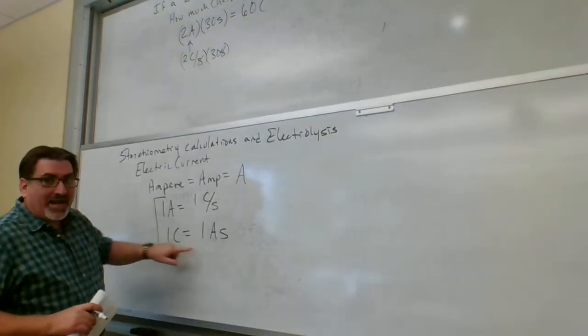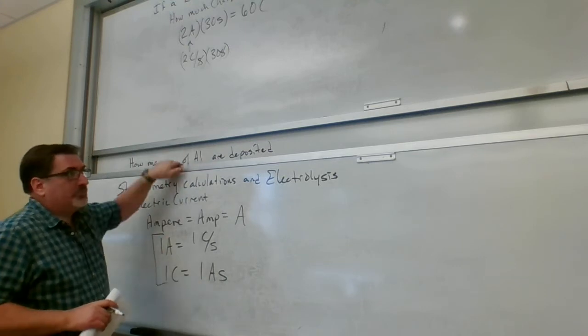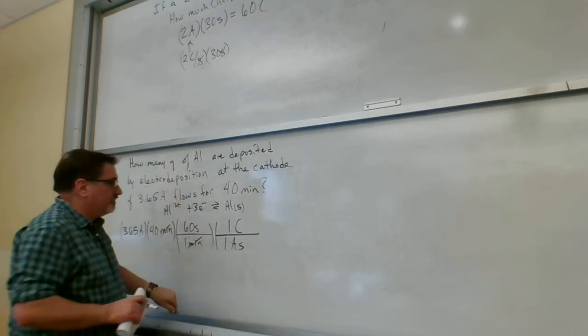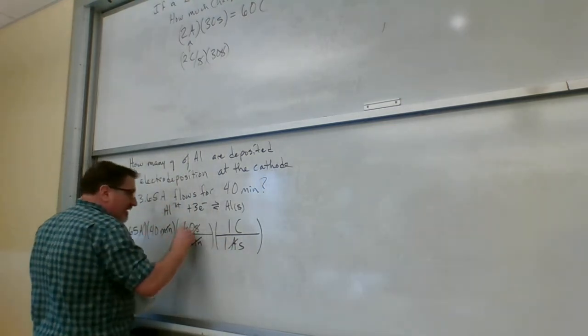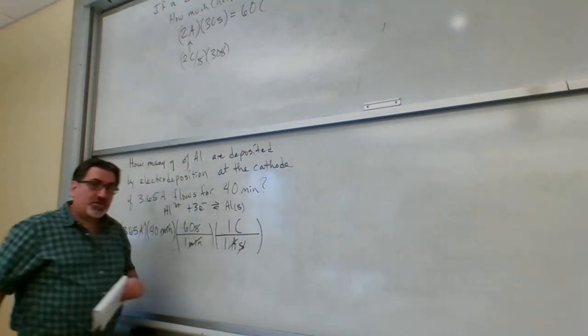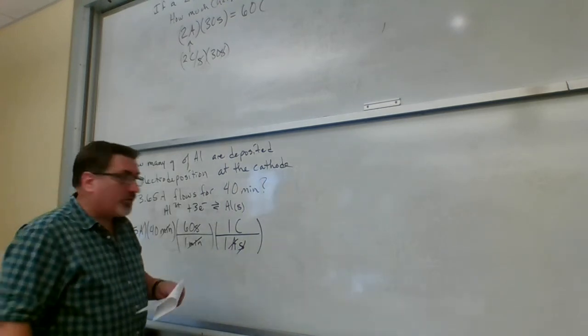That's a key to stoichiometry. Amps cancel and seconds cancel. I know how many coulombs of charge I have. Now I can use Faraday's constant to get into moles.